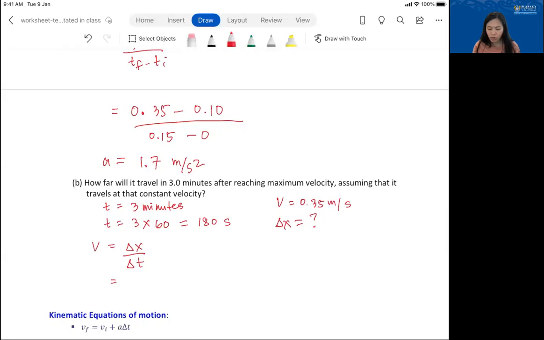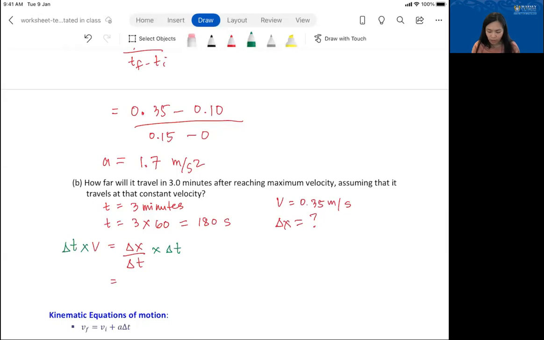Right, but we need to rearrange this equation because we want to find delta x, not v. So if I multiply both sides with delta t, notice you have delta x is tied with delta t via the division sign. So you have to do the reverse operation, which means you have to multiply in order to cancel out the delta t.